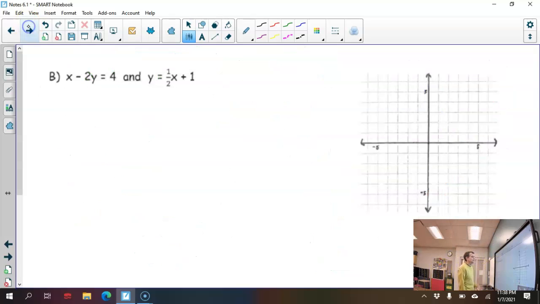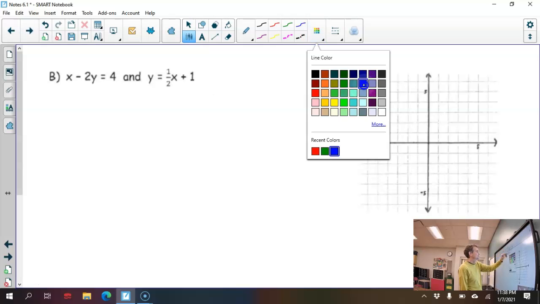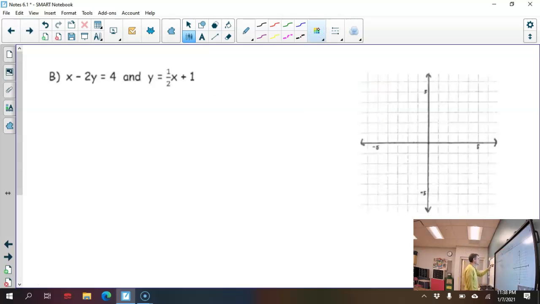All right, a couple more quick examples here and we're done. In this second one, I'm going to go ahead and do the first equation. I'm going to subtract x from each side, giving me negative 2y equals negative x plus 4.